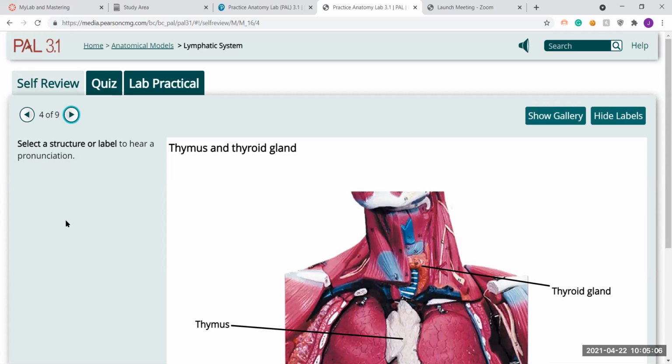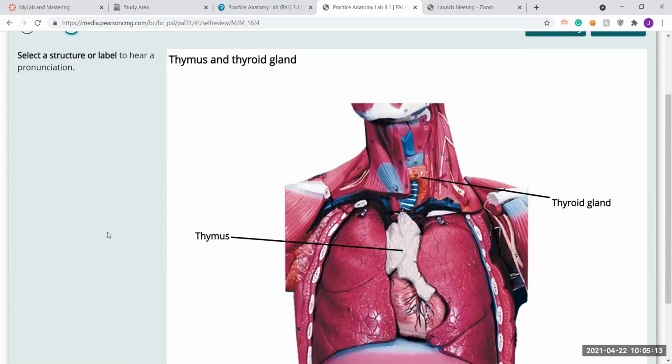Some of the lymphatic tissue and lymphatic organs. The primary lymphatic organ is the thymus. The thymus is the organ which is behind your sternum. And this organ is very active in early age.